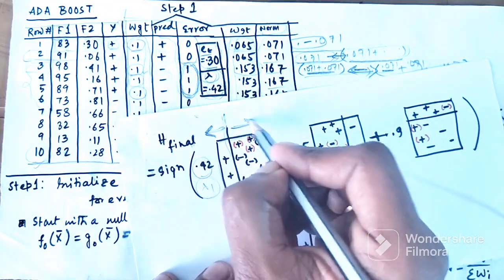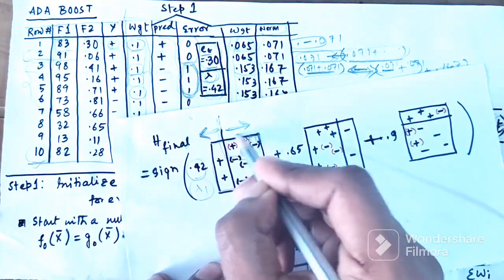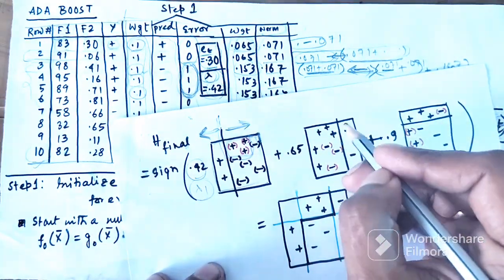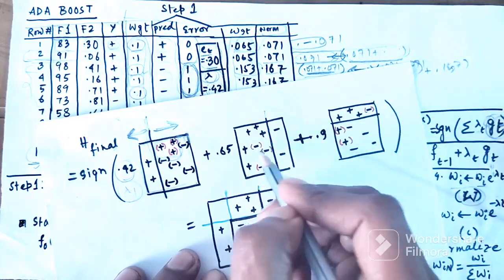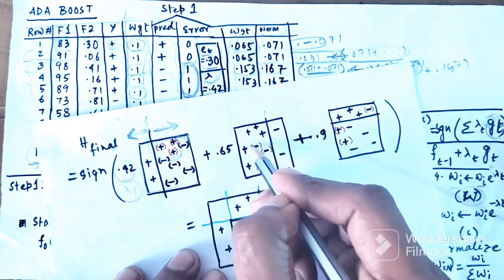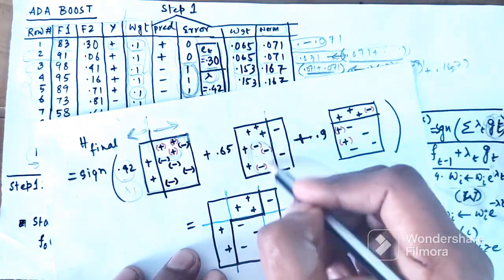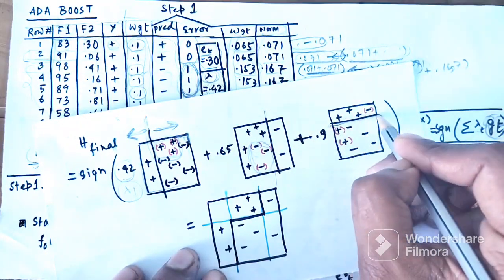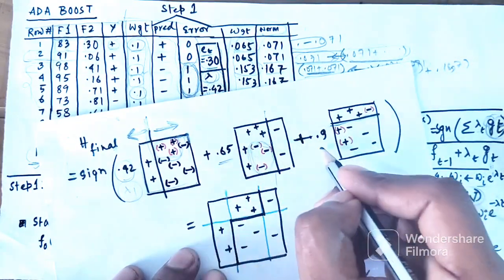So in the next iteration, these red-marked positives will be given more weights. You have created the next decision boundary like this. Here you can see that these are the misclassified negatives. In the next iteration these will be given more weights, and over here we will create another decision boundary. And these are the corresponding lambdas.